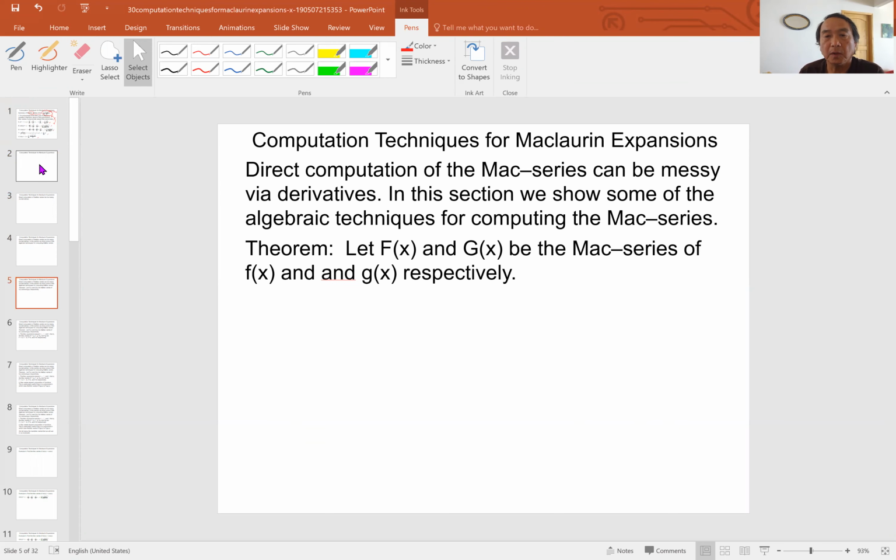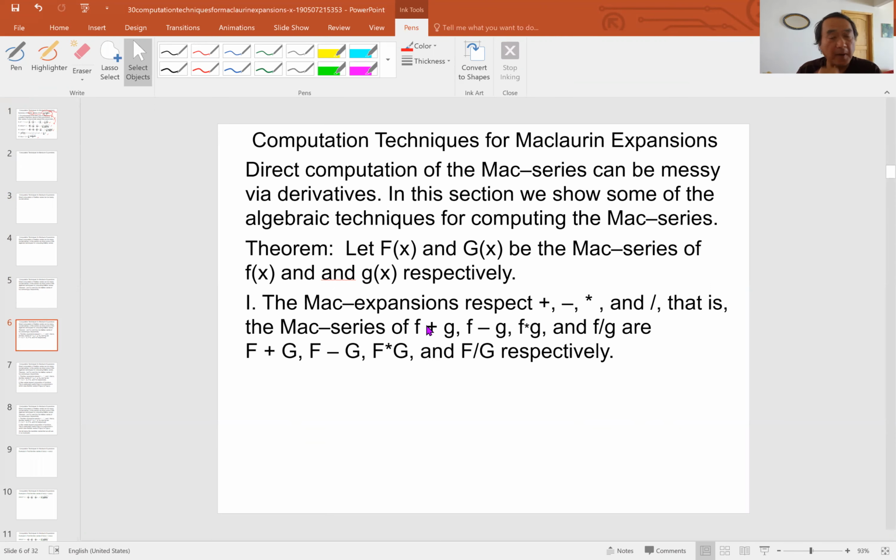Suppose we have the Maclaurin expansions of two functions, f of x and g of x respectively. Then the Maclaurin expansions respect sums, differences, products and divisions. That means you get the Maclaurin expansion of the sum, the difference, the product and the quotient.